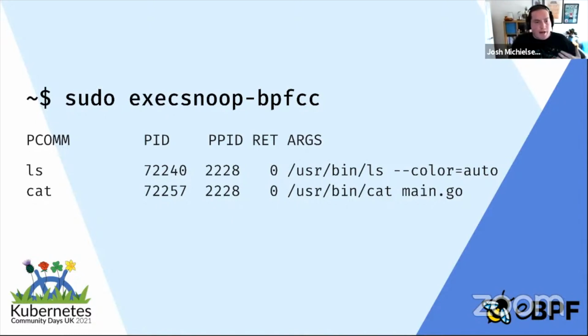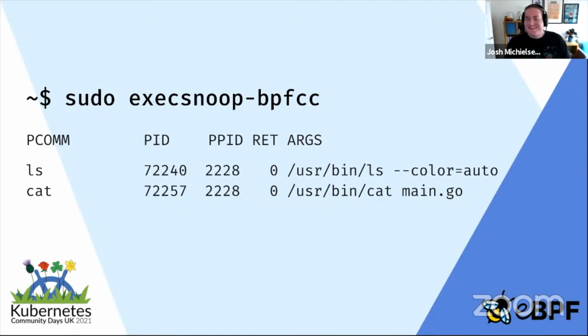We get the process ID, the parent process ID, and the args as well, the arguments sent to the process. This is just running on a Linux machine with the BCC tools installed. You do have to run BPF programs as a privileged user, so you have to sudo them, for obvious reasons. I mean, they're code running in the kernel.